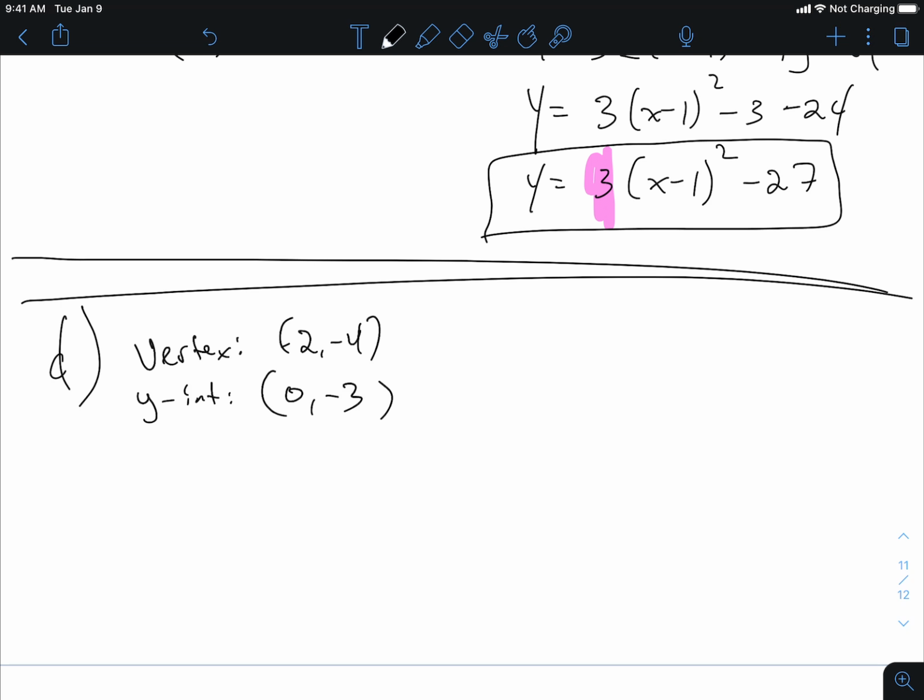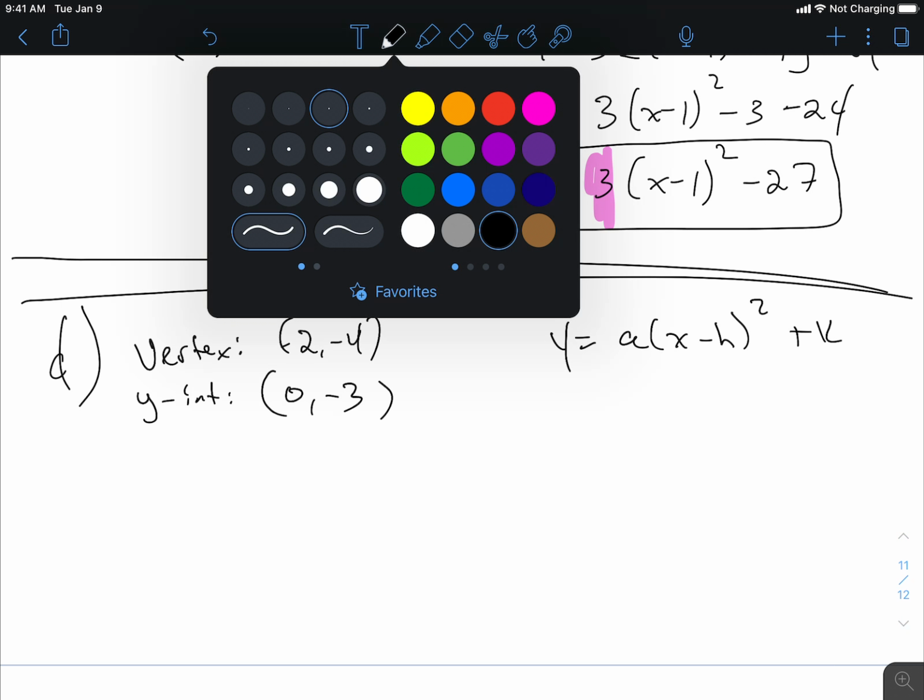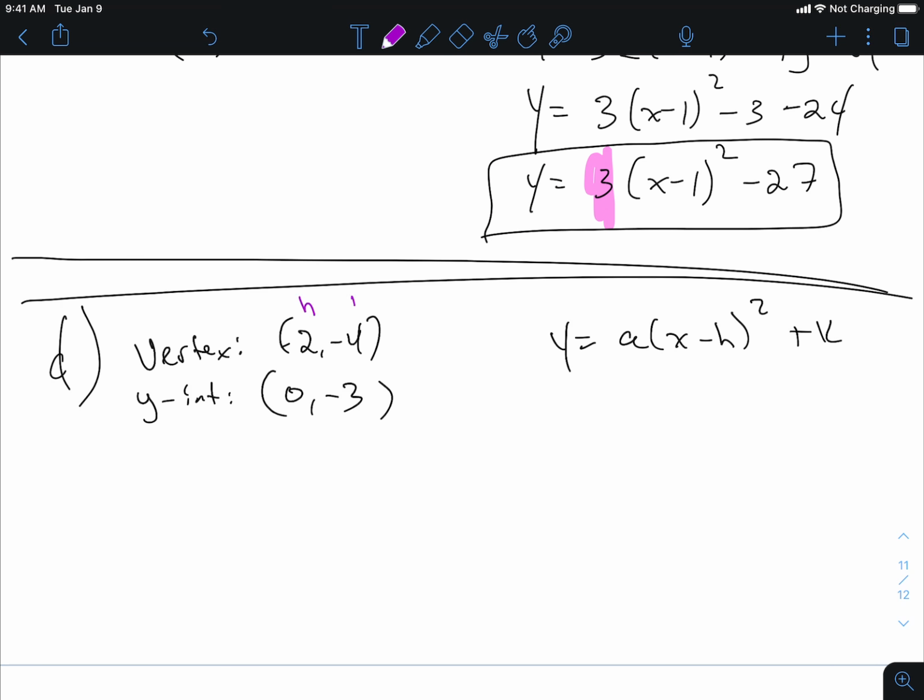What did it tell us? It told us the vertex. Am I going to write factored form on my page for this question? No, I'm going to write vertex form because it told me about the vertex. So just write it down: y equals a(x minus h) squared plus k. How do we read the vertex off of that equation? Here's h and here's k.